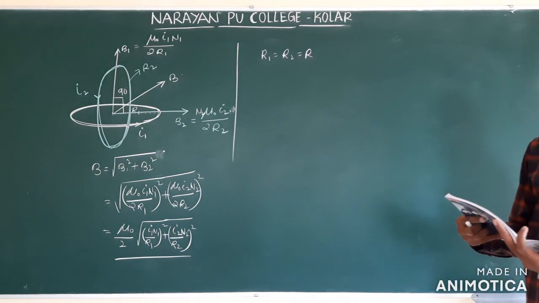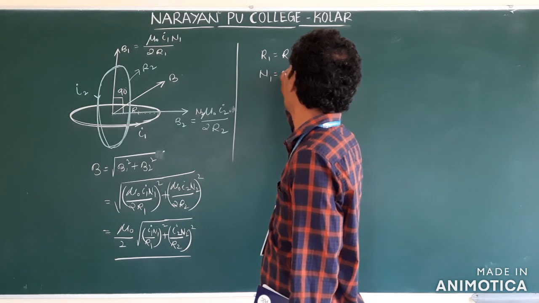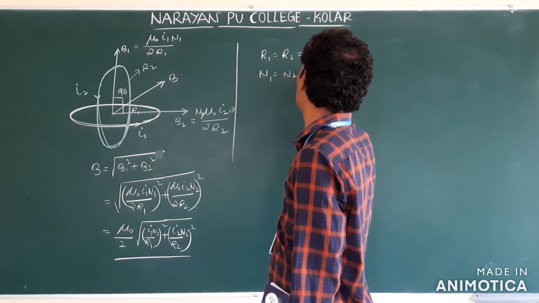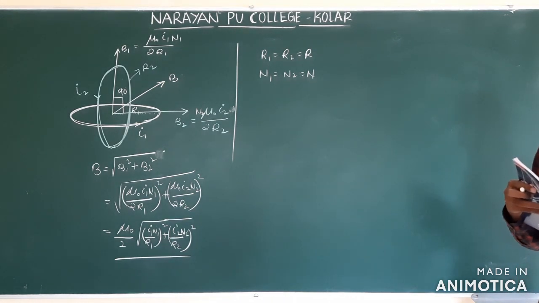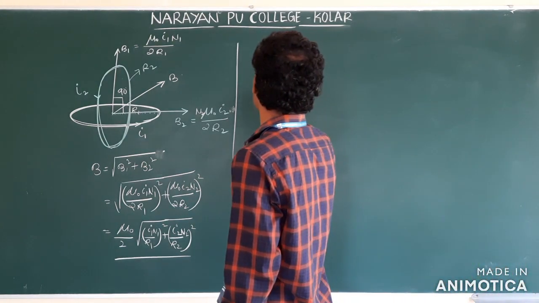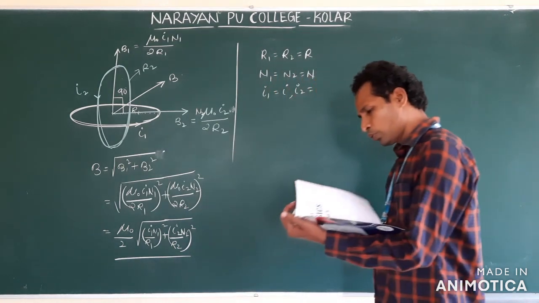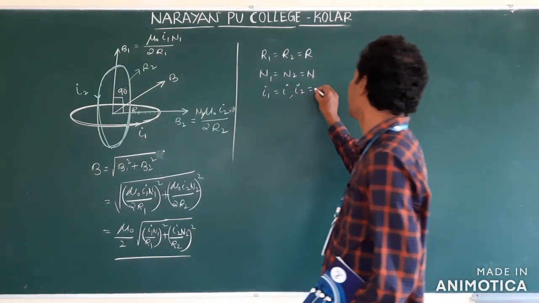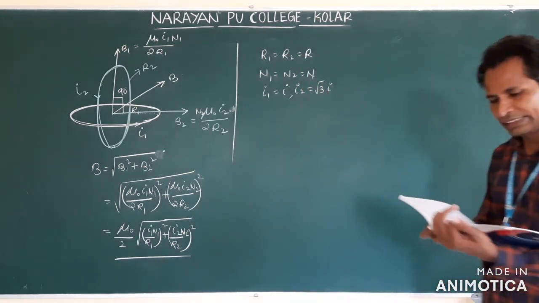Now number of turns are same, so N1 is equal to N2 is equal to N. Now as shown in the figure, the currents flowing in them, I1 is equal to I, I2 is equal to, what did they give? Root 3 I. Now they are asking the net field.